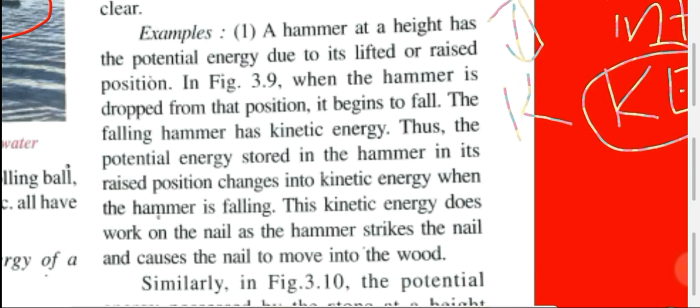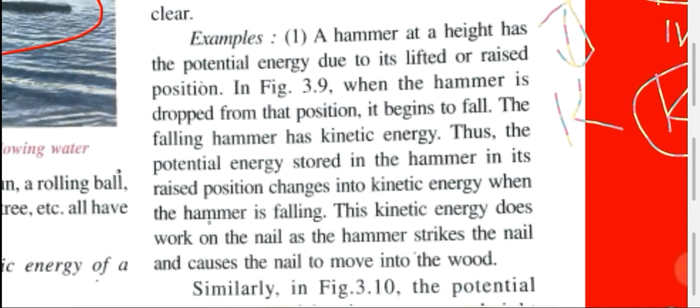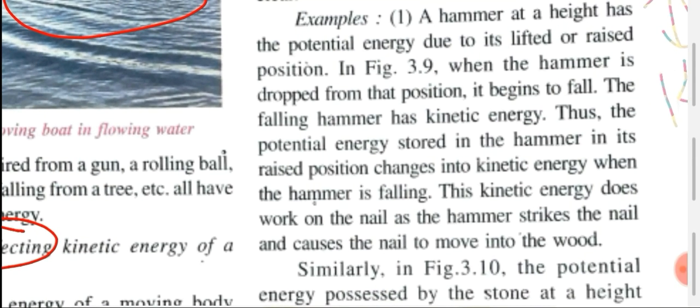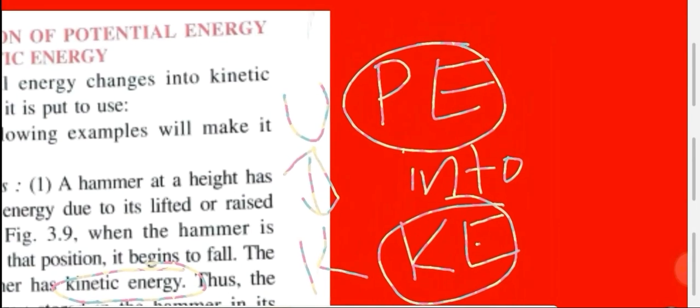When the hammer is dropped from that position, it begins to fall. The falling hammer has which type of energy? The falling hammer has kinetic energy. Thus, the potential energy stored in the hammer in its raised position now changes into kinetic energy. Means PE to KE.